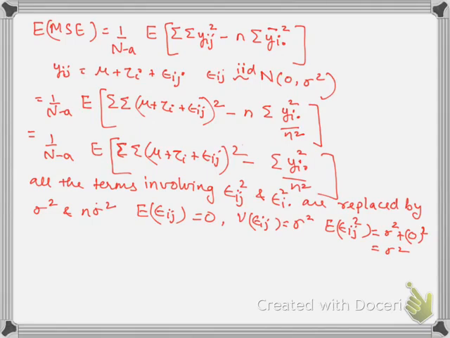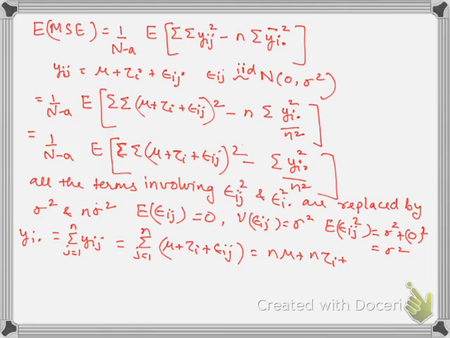Also, if you look at yi dot, it is the sum of yij, j running from 1 to n. So it's the sum over j from 1 to n of mu plus tau i plus epsilon ij, which is n mu plus n tau i plus epsilon i dot. So 1 over n times the sum of yi dot squared is equal to 1 over n times n mu plus n tau i plus epsilon i dot, squared.